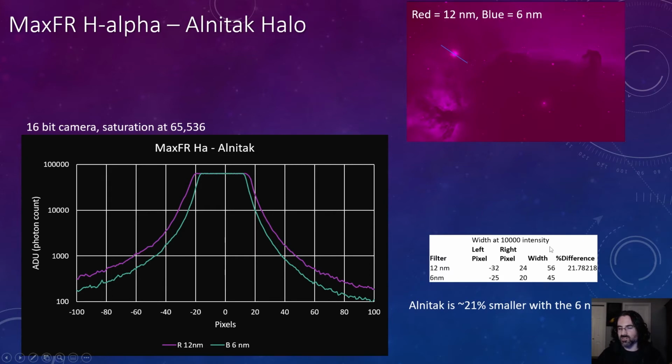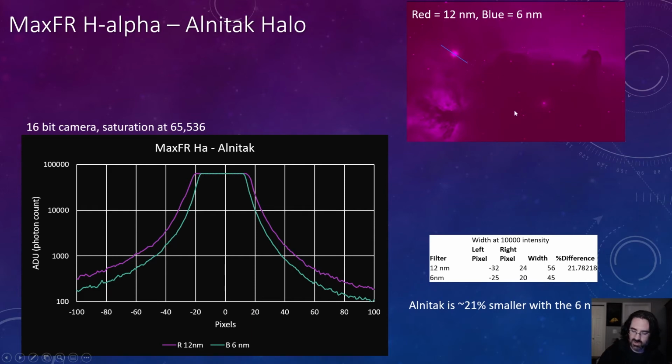You can see that here, the width in pixels that the star was showing up for. And when we look at that in terms of percent difference, the 6 nanometer filter made Alnitak about 21% smaller compared to the 12 nanometer filter. So it does have an effect towards reducing stars. Now in this case we had a very intense star that ended up saturating the image.